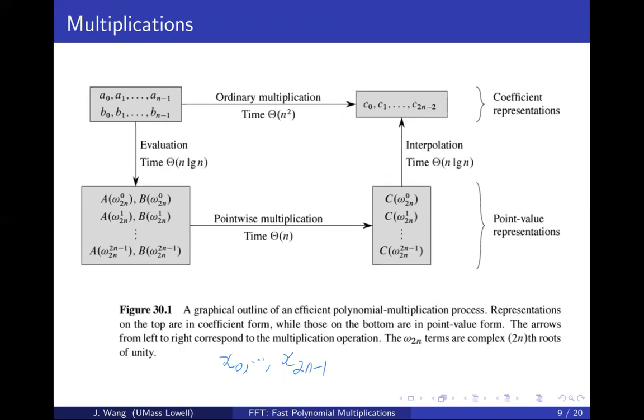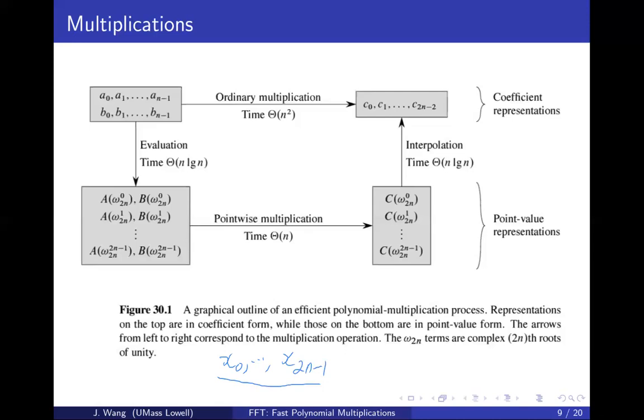If we can choose these points carefully, then we can improve this multiplication from the order of n squared to the order of n log n. So that is close to linear. That is what we are going to talk about.